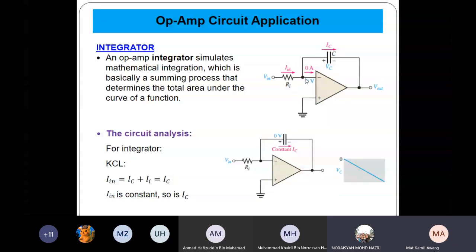I plus is equal to 0. So I in is equal to IC. Right? So I in is constant, so IC is also constant.